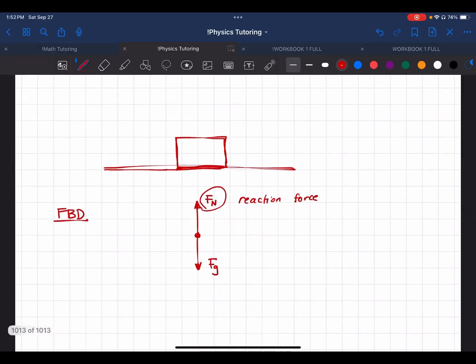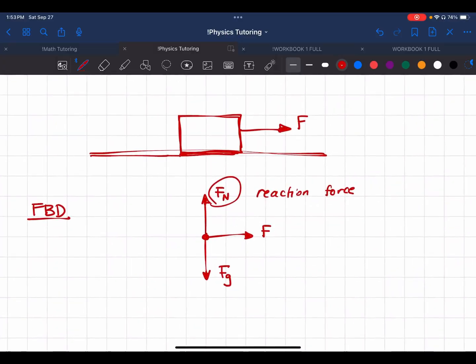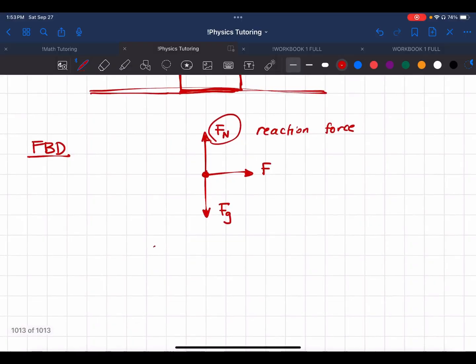So when I start moving that box, let's say I have a force F, I'm gonna start pulling it, right? So this one's easy to do, right? Sum of forces equals m a in the x direction, make sure you make it positive.